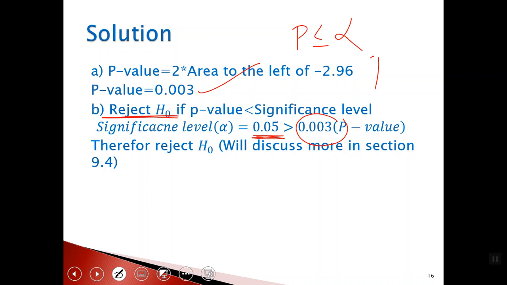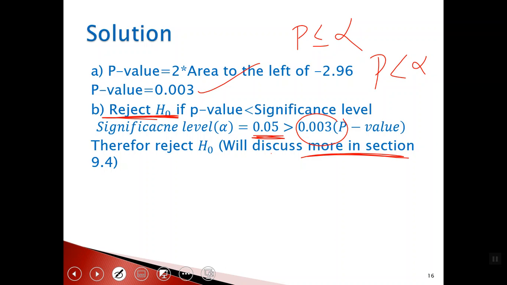So you can reject H naught and say we agree with our alternative hypothesis. We will do more examples in section 9.4 on what to do after you reject or do not reject.